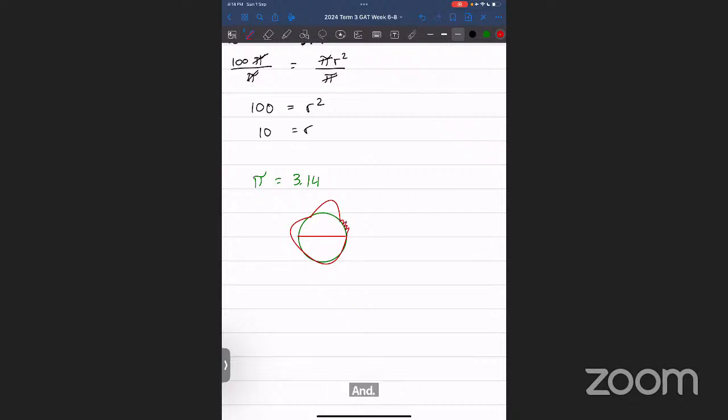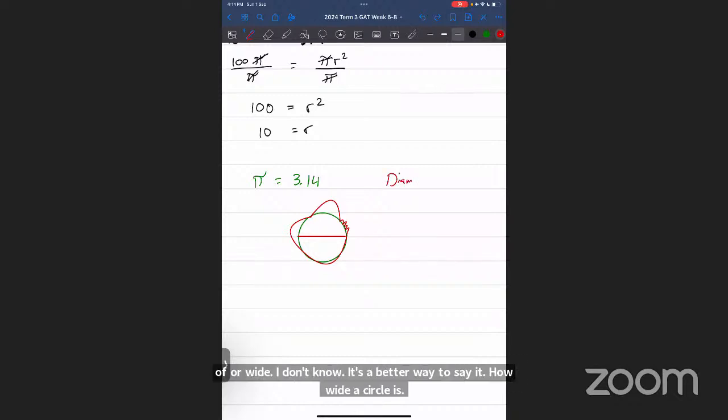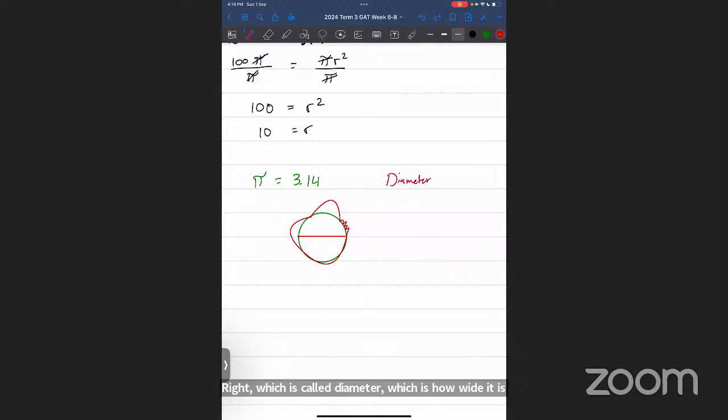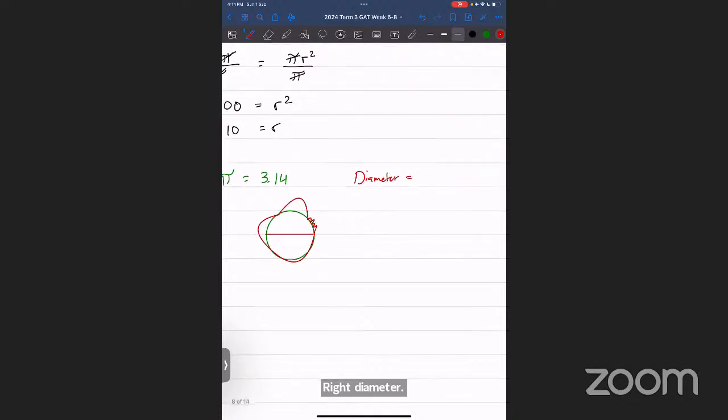No matter what circle it is, every single time, how wide a circle is, which is called the diameter, if you multiply that by 3.14, you'll always get the circumference, or the distance around a circle. Do you understand?